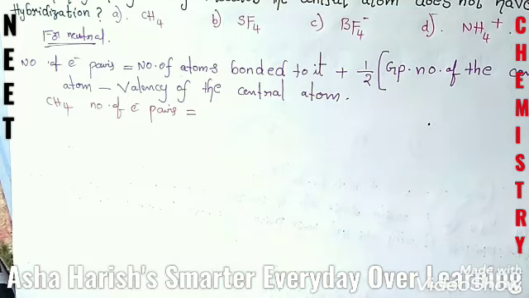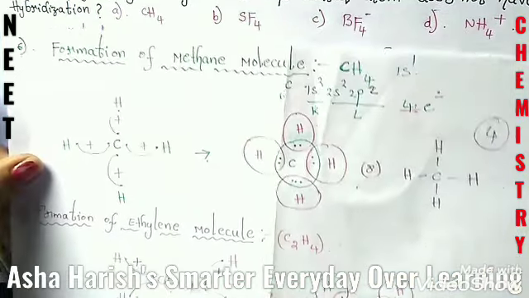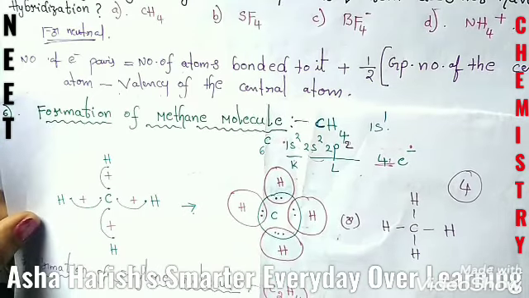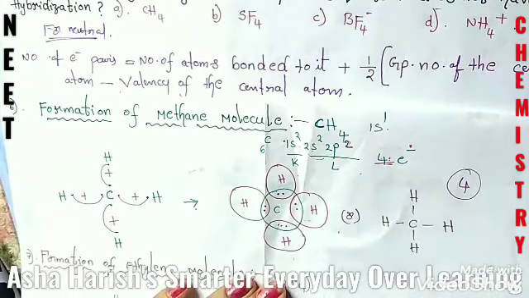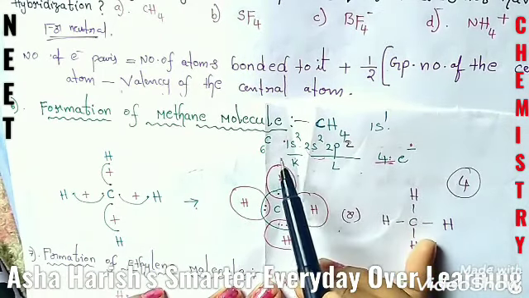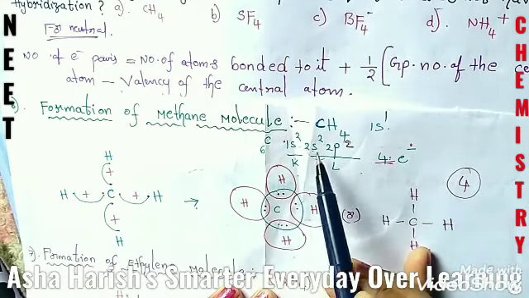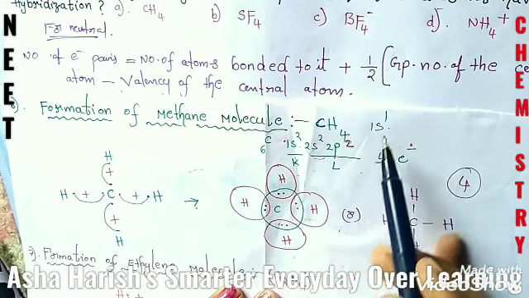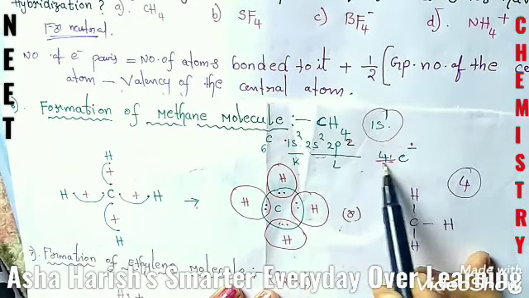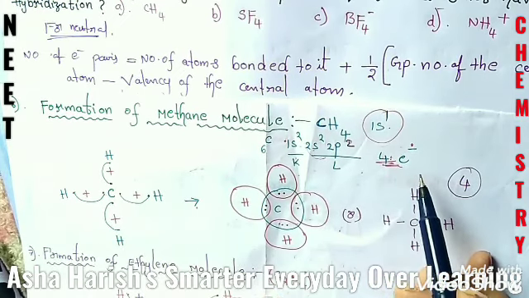before doing this we need to know the structure of CH4. Right, here is the formation of the methane molecule. Here you can see carbon is the central atom. Carbon's electronic configuration is 1s2 2s2 2p2. For hydrogen it is 1s1, students. These are the valency electrons, 4 electrons.